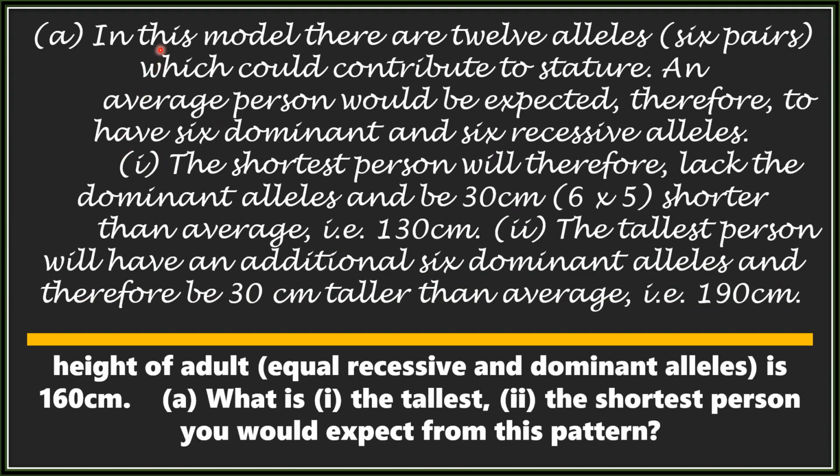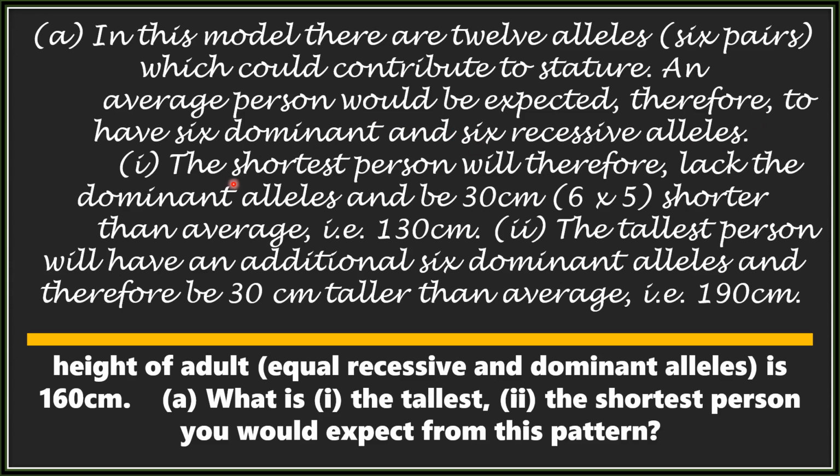A. In this model, there are 12 alleles, those are 6 pairs, which could contribute to stature. An average person would be expected, therefore, to have 6 dominant and 6 recessive alleles. That is the average person.